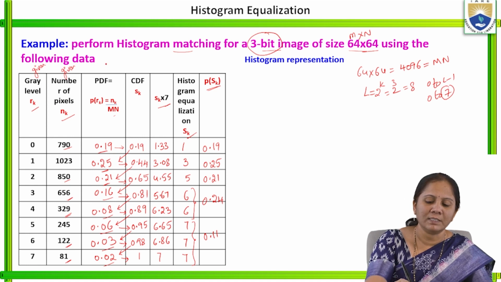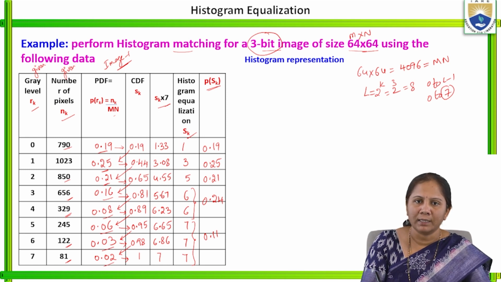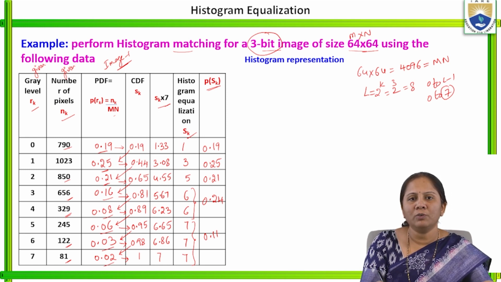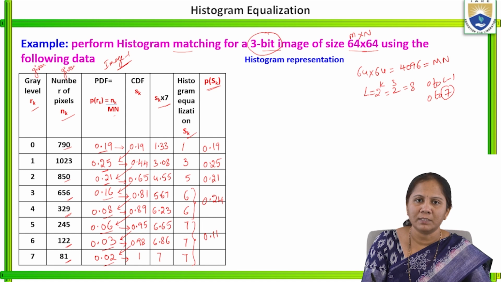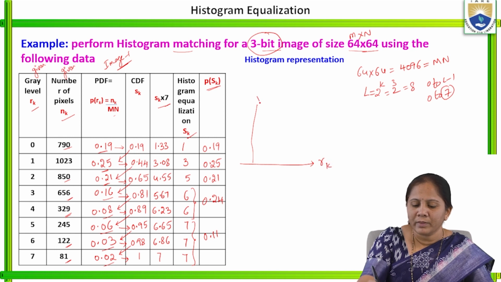So like this, first we have to calculate histogram equalization for this first image. So let us consider this is image 1. For this, histogram equalization is calculated, and from this we should also draw the histogram representation. We have seen different methods of histogram representation. In this, to draw the histogram representation we use RK and P of RK.